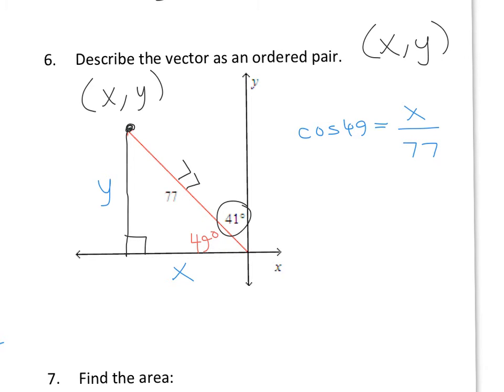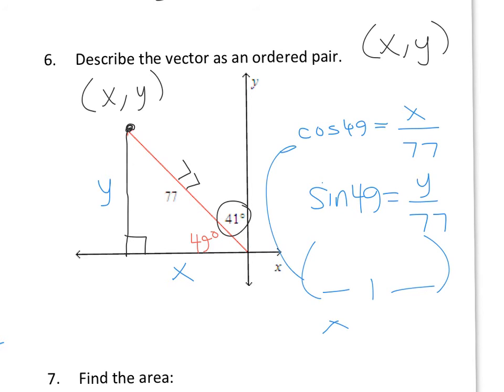And to find the y, you're going to use sine, because it's opposite. So sine of 49 equals y over 7. So in the end, you're going to multiply both sides by 7 and get 2 ordered pairs. The x, which you're solving for this, and the y, which you're solving for this.